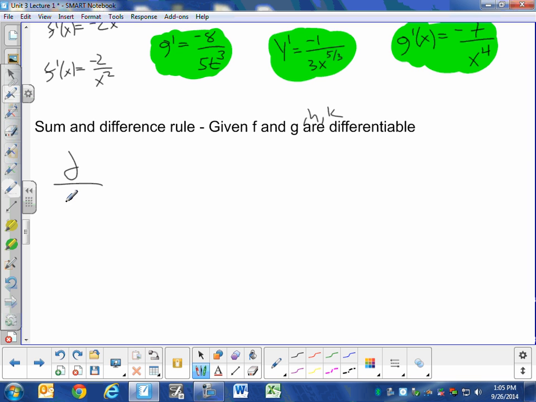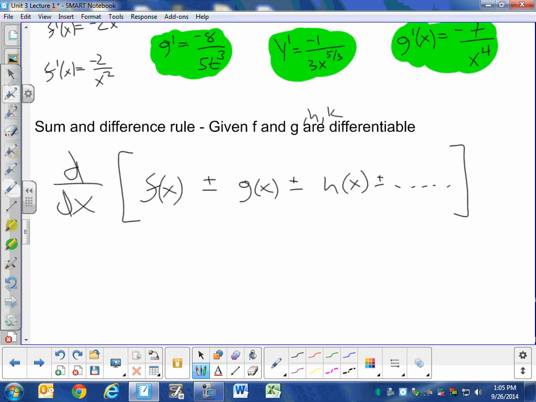Then the derivative, and I'll use these fancy d's sometimes, I'll use regular d's other times, it's the same thing, of this f plus, or could be subtracted by this g, plus or minus this h, et cetera, et cetera, et cetera. It's just f prime plus or whatever minus g prime plus or minus h prime forever and ever and ever.